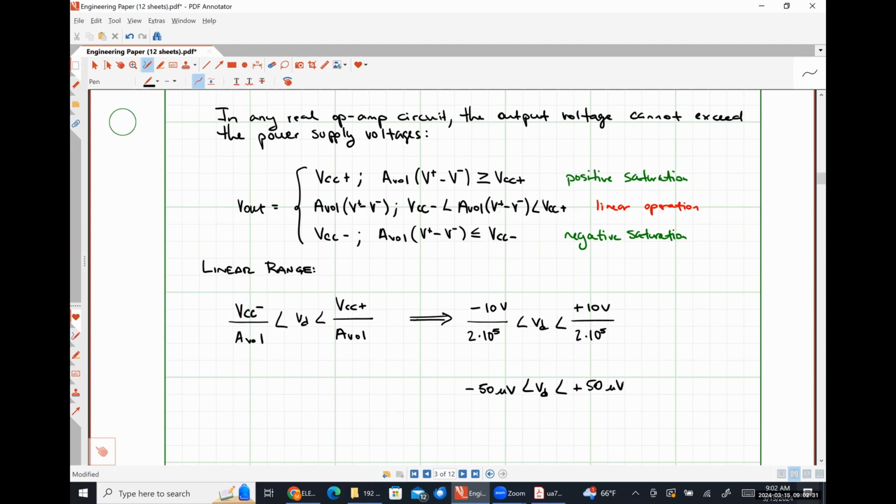So the overwhelming majority of voltages fall outside of that linear range.